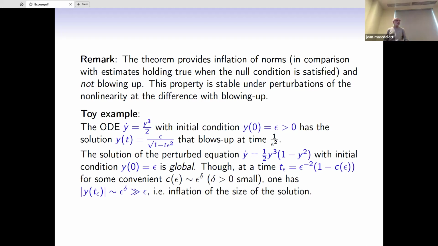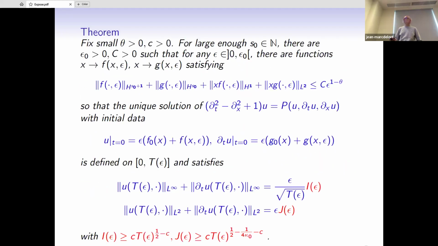Sorry, but in the previous theorem, if you have C equal to 1/2, then you will still have that it's of size epsilon to the t to the minus 1/2, right? C has to be small over there.